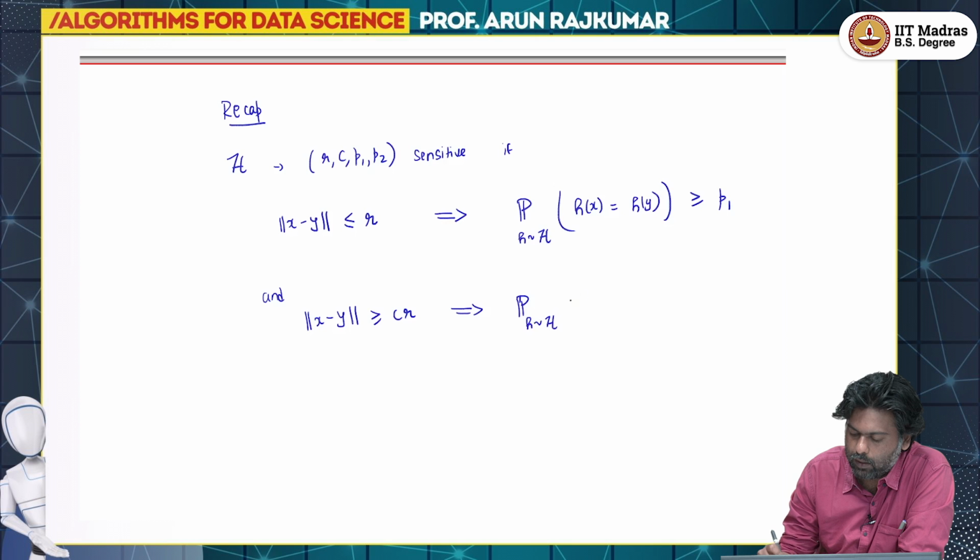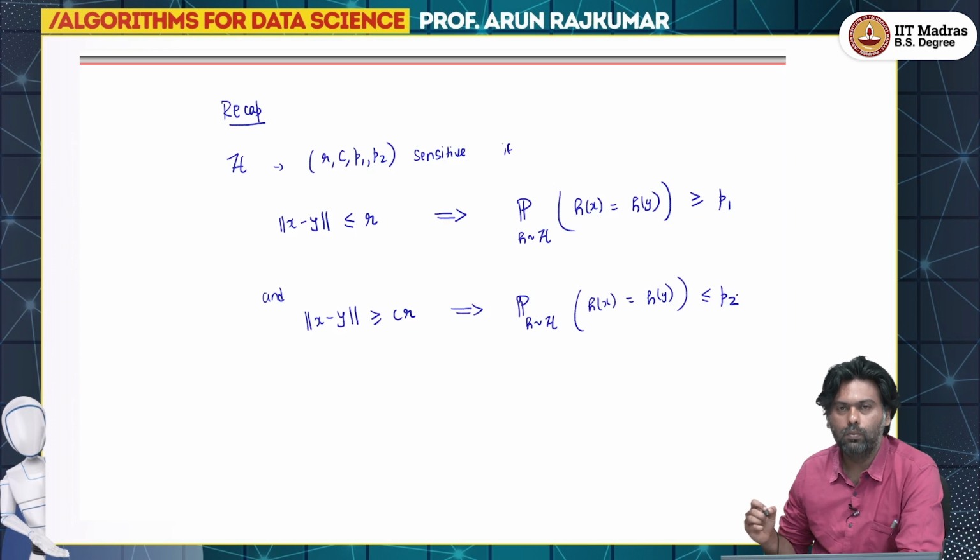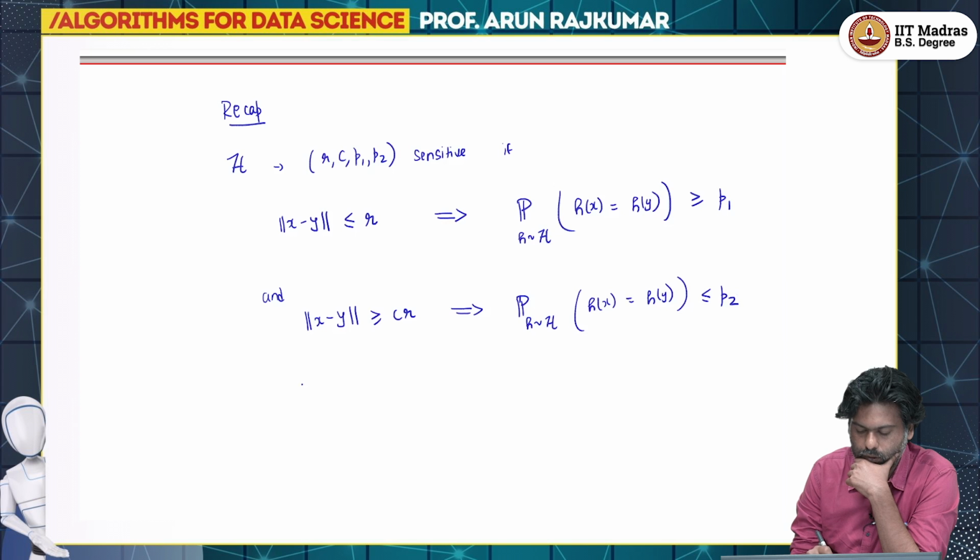So if I now pick a hash function from this class of functions, then the chance that collision happens is small, that is, it is less than or equal to P2. And of course, we want 0 less than P2 less than P1. Well, less than or equal to would be good, but that's hard to achieve.